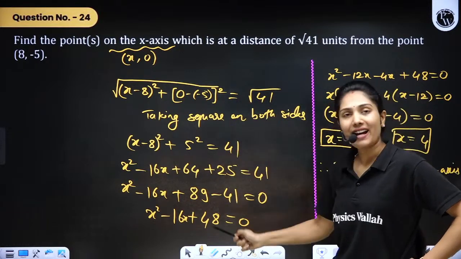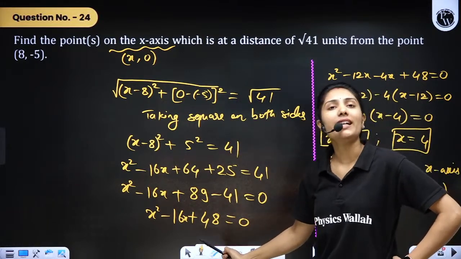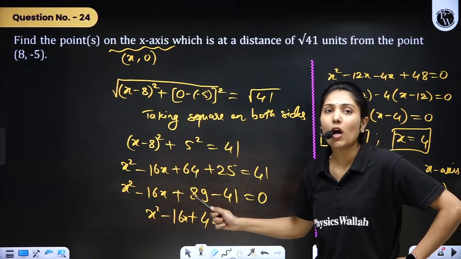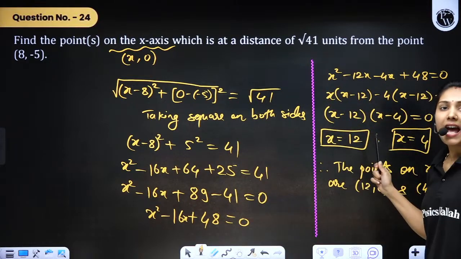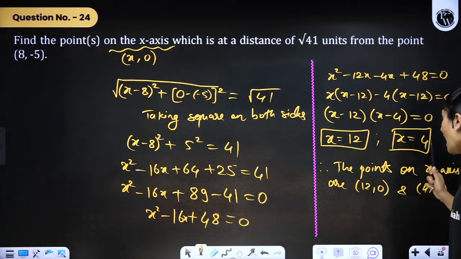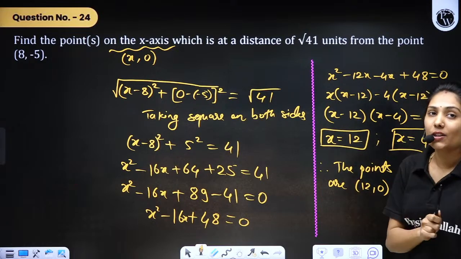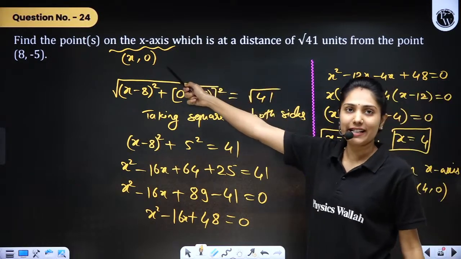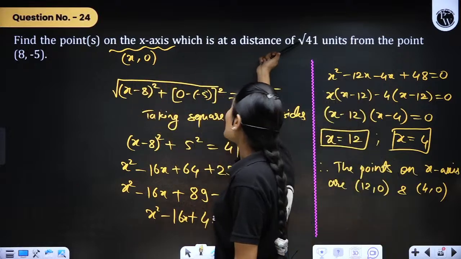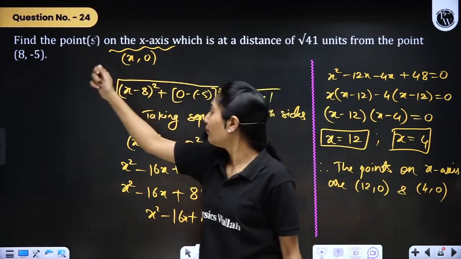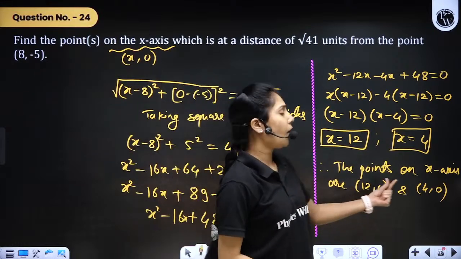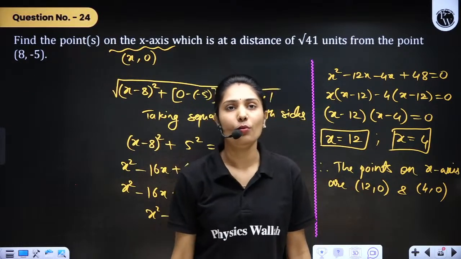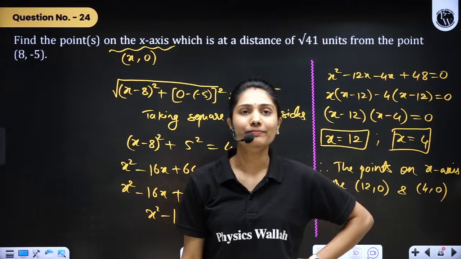After simplifying it, we got a quadratic equation, and while solving it, we get the values of x as 12 and 4. That's why the points on the x-axis having distance of root 41 from the point 8 comma minus 5 are 12 comma 0 and 4 comma 0. Okay, Aditya, is that clear now?